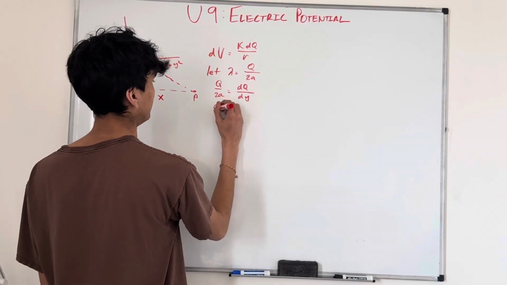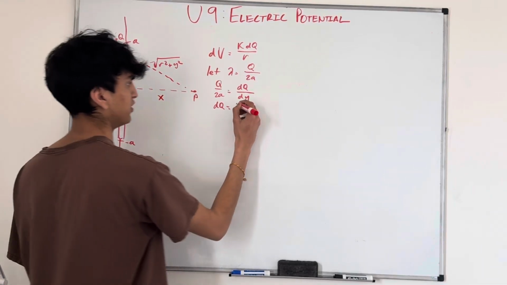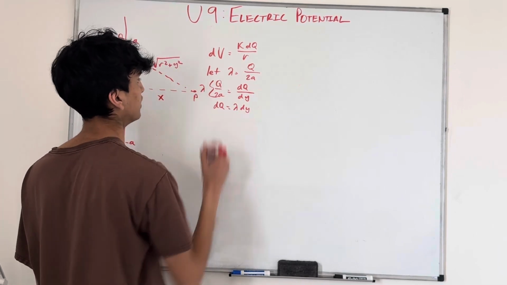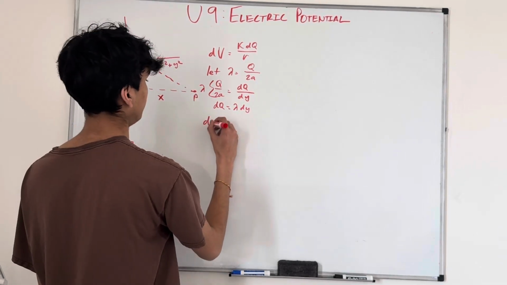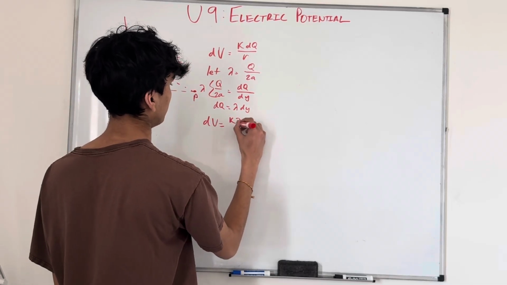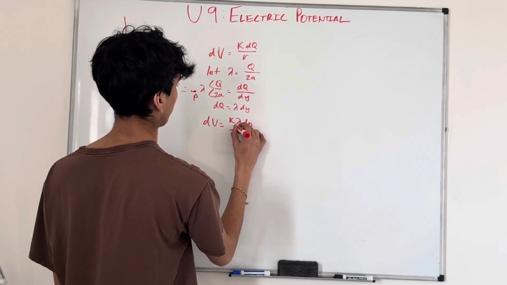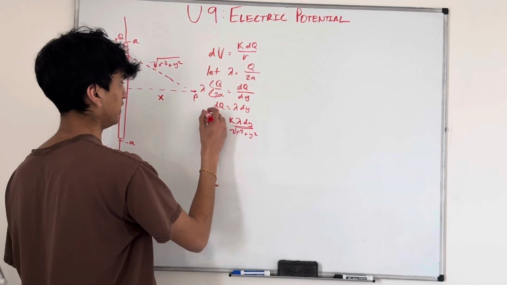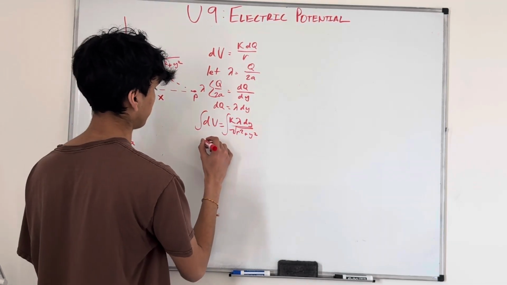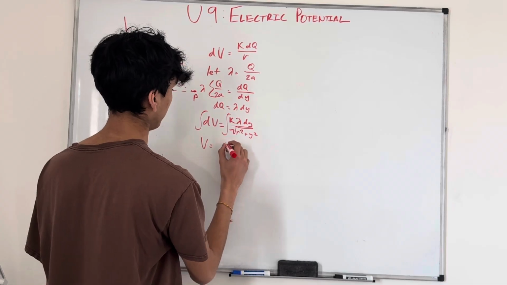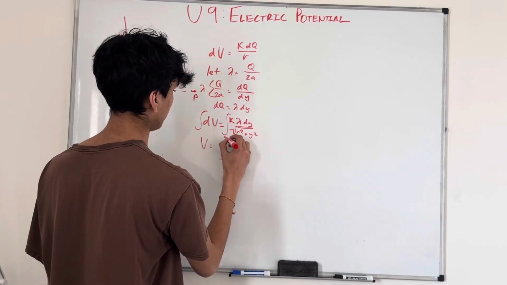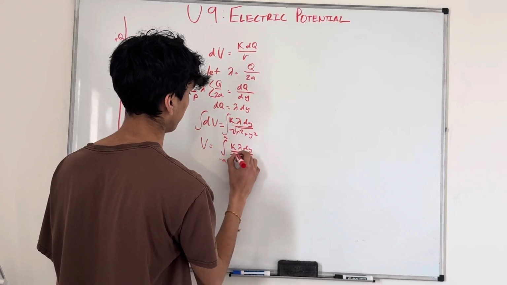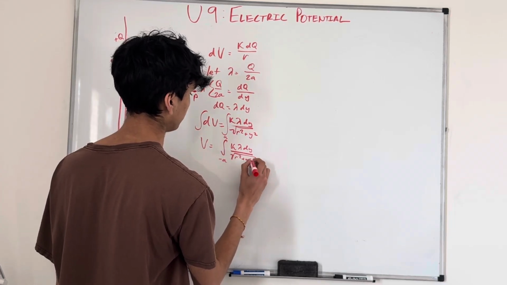I can basically get that dq, right? If this quantity is lambda, dq is just lambda dy. So I get dV is equal to k lambda dy over the square root of r squared plus y squared. And we can integrate, and I get that V is going to equal the integral from negative a to a of k lambda dy over the square root of r squared plus y squared.